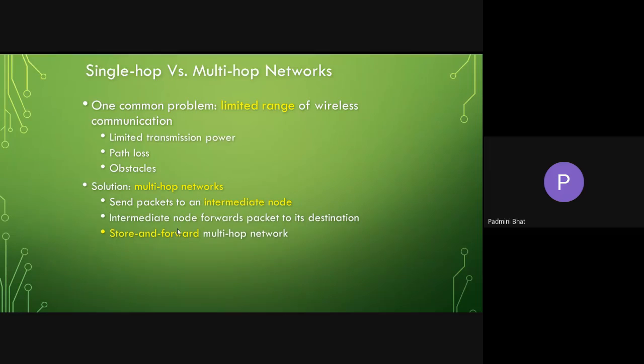Now, if I consider the intermediate node as only a relay kind, then the minimum job it has to perform is store and forward. Keep in mind, I am just telling you that when we use multi hop, an intermediate node will be there.